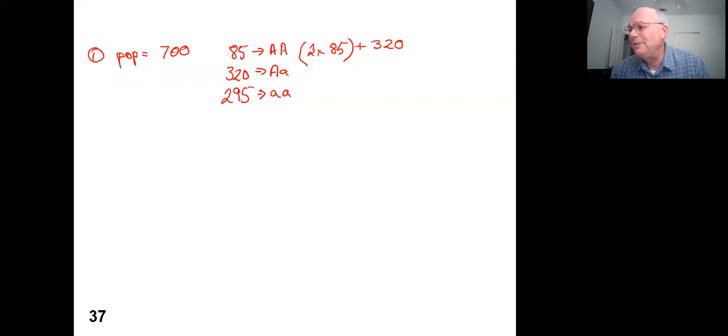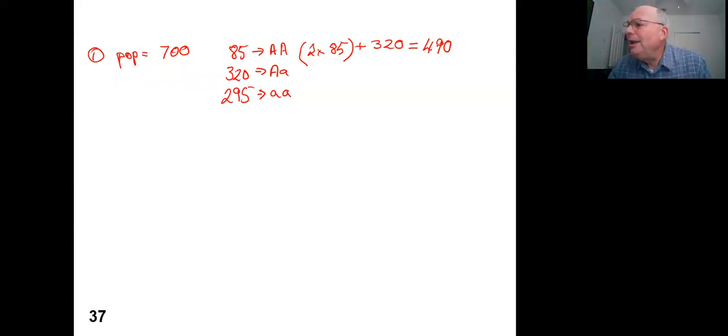So it's 2 times 85 plus 320. So 2 times 85 is 170 plus 320 equals 490. So there are 490 alleles that are big A in this population.